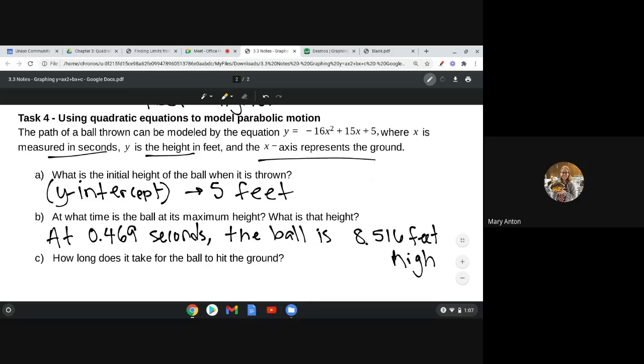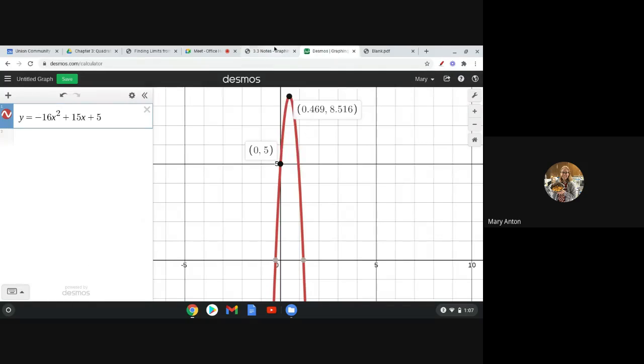And then, the best question. How long does it take for the ball to hit the ground? Where's the ground? It's on 0, the x-axis.